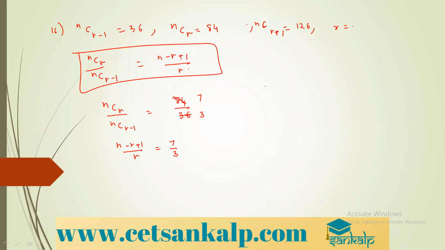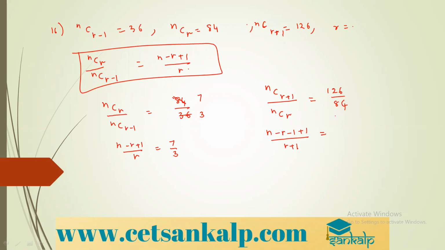Similarly, the same formula, NCR plus 1 by NCR, I will use. 126 by 84. So here also, if I use the same formula, N minus R minus 1 plus 1 by R plus 1.